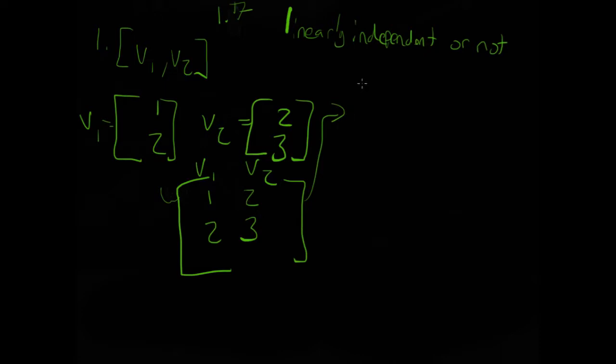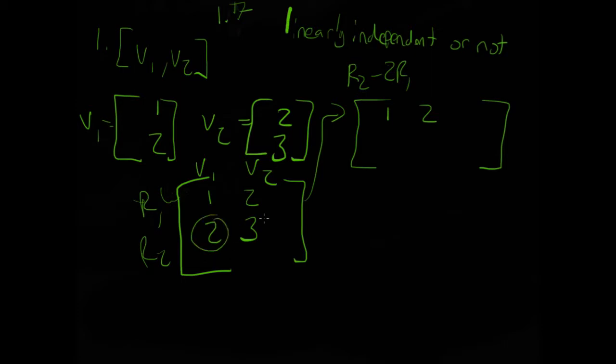So let's start. Obviously you can do row operations, so we're going to call this row 1, row 2, so we can subtract row 2. You can also multiply by scalar values, just a constant, just a number. So let's see. We're going to subtract, so it's as if we're taking 2 minus 2, which is this.